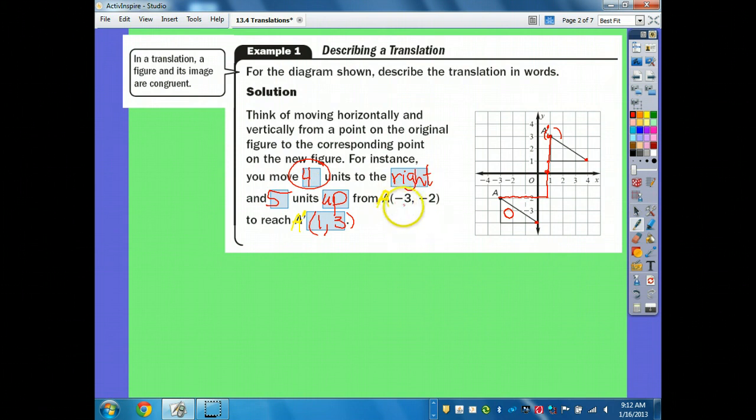So look at here, if I plus a 4 and then 5 up, and up on a coordinate plane, is that positive or negative? Positive. So if I plus 5 here, what do I end up with? 3. What's a -3 and a +4 give me? 1. What's a -2 and a +5 give me? 3. Look familiar? Okay? So that's what you do when you make a translation or an image.